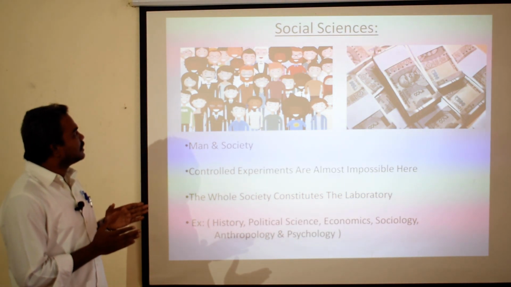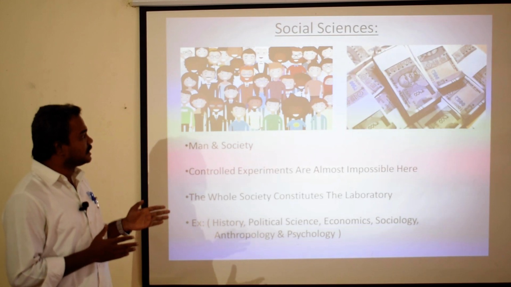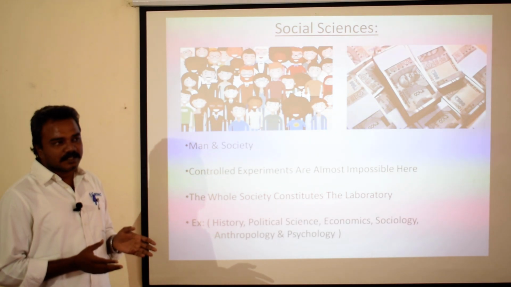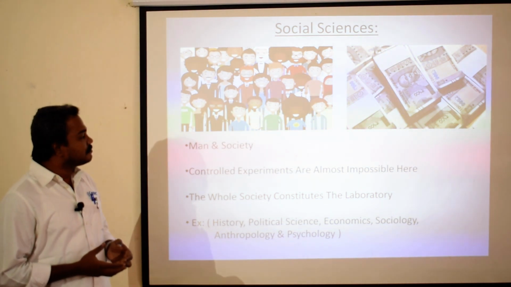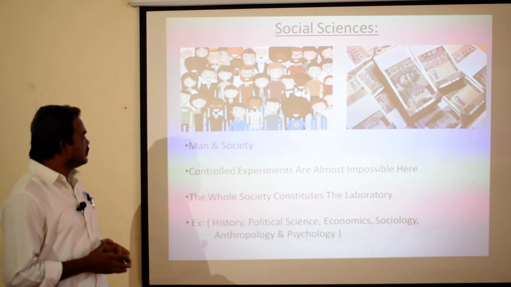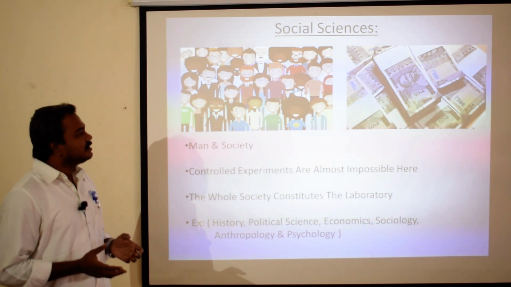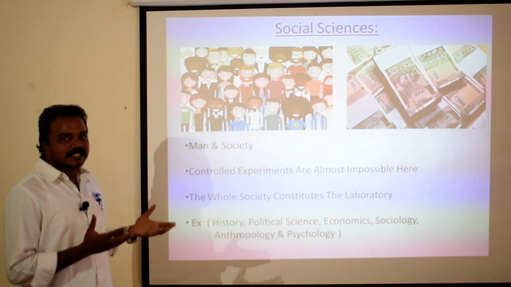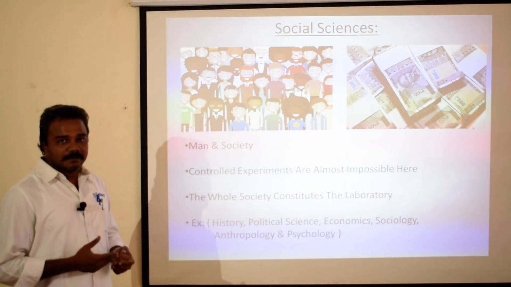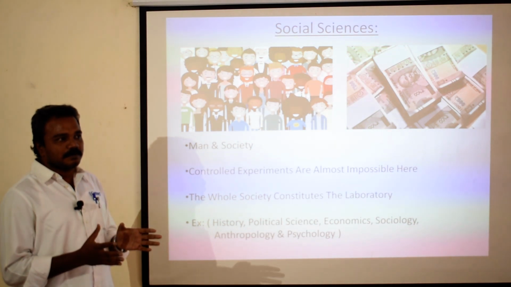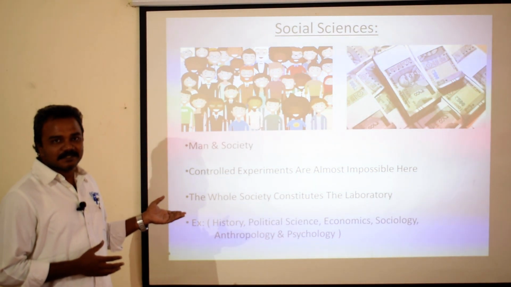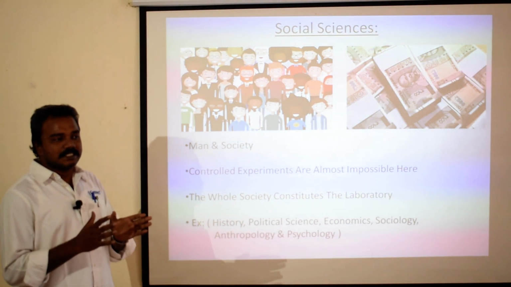If we compare physical sciences and social sciences, the experiment part cannot be compared; it is not possible here as it is in the physical sciences. Here the laboratory is nothing but the entire society itself. If we enter a physics lab or a chemistry lab, we can see pipettes and burettes all over. But when it comes to social science, the society itself constitutes the laboratory.